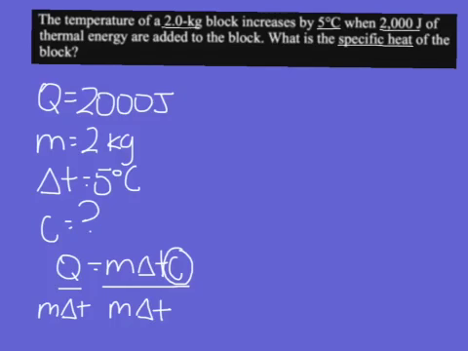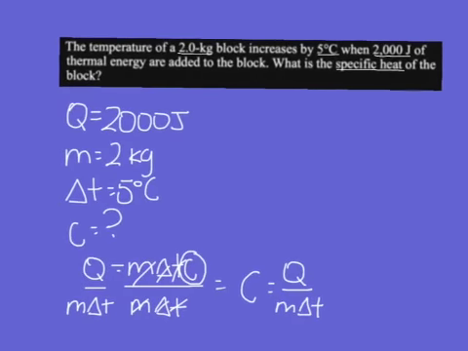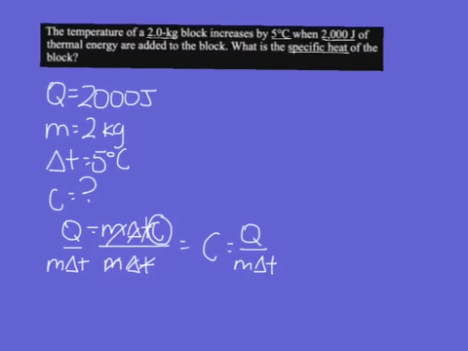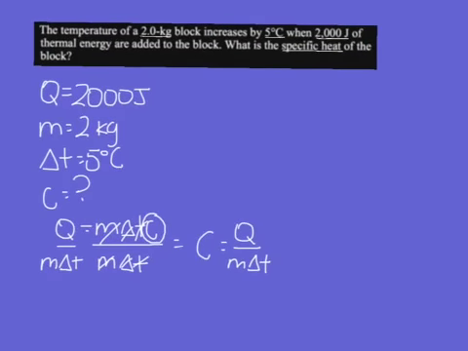Now we just cross things out, which gives C equals Q divided by M times change in temperature. So that's our formula.